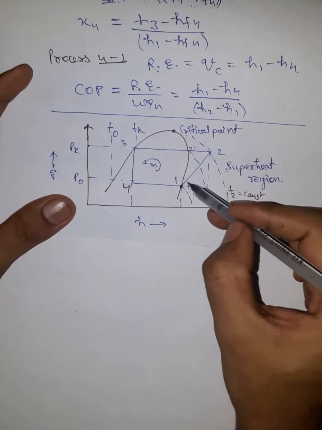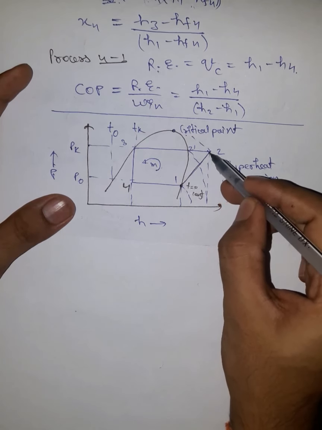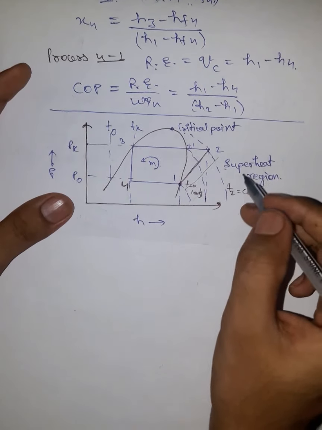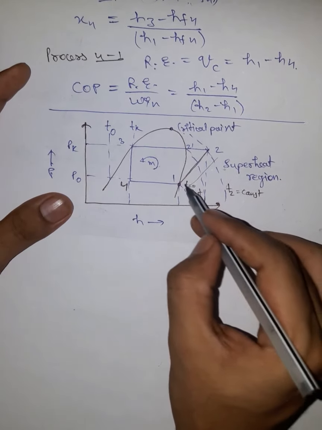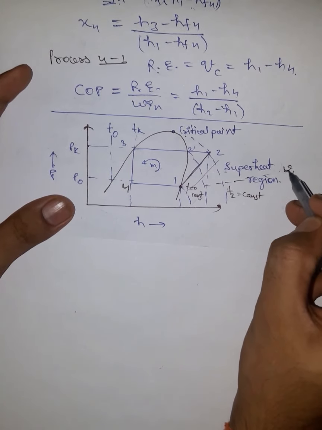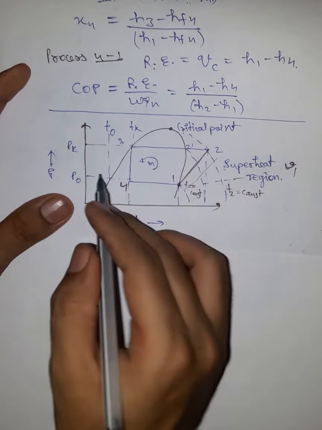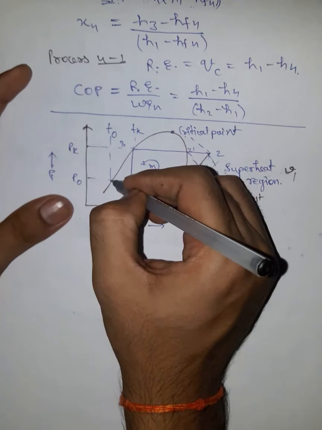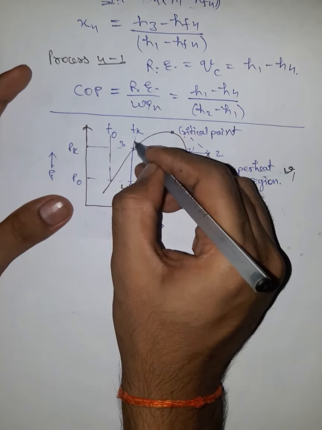The constant entropy lines are these parallel lines drawn over here, and a specific volume line goes somewhat like this. Let us say for v1 constant specific volume, it will go somewhat like this. In the subcooled region, that is in the liquid region over here, the constant temperature lines are nearly vertical.